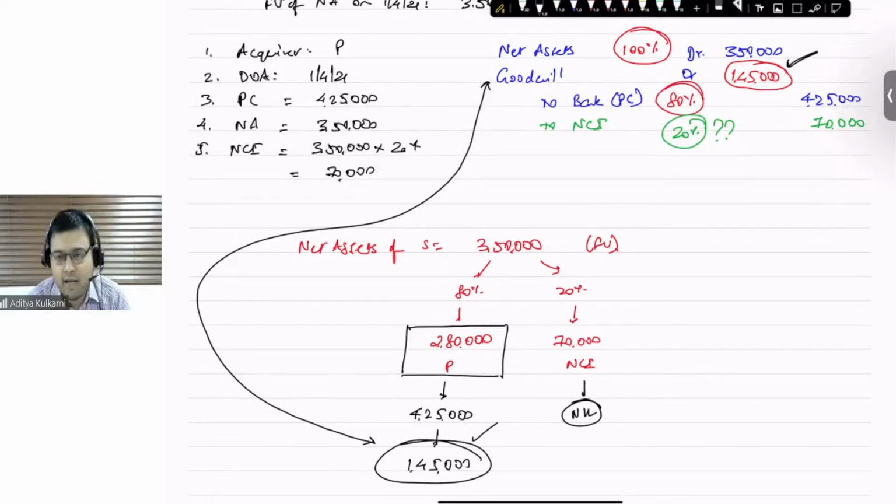Nothing in this goodwill belongs to the NCI, because I have shown you that this 1,45,000 is purely arising on account of the payment made by the parent to acquire a controlling stake in the subsidiary. That means this excess payment can solely be identified to belong to P Limited.